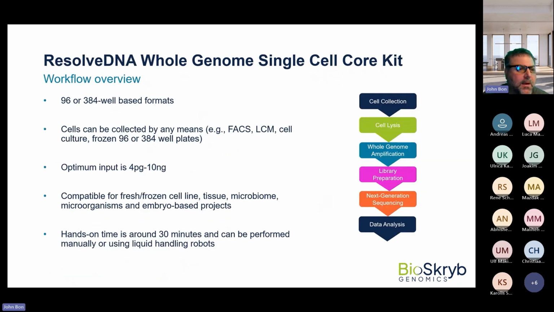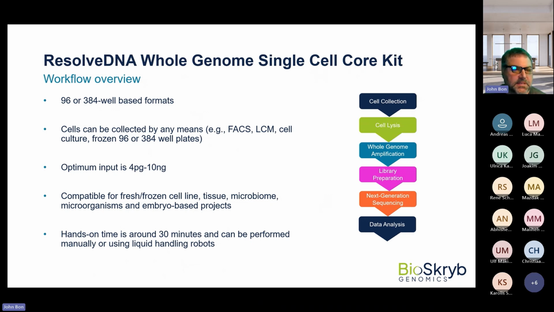So with that little bit of background, let's go into the workflow for ResolveDNA, and then we'll go into the workflow for ResolveOME in a little bit. This is a plate-based format. With BioSkryb, it's not digital droplet, it's plate-based. You would get your cells in wells. There's 96 well formats or 384 well formats.